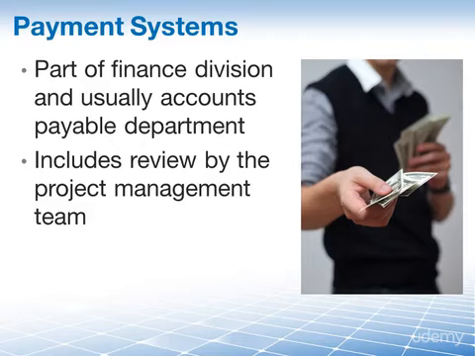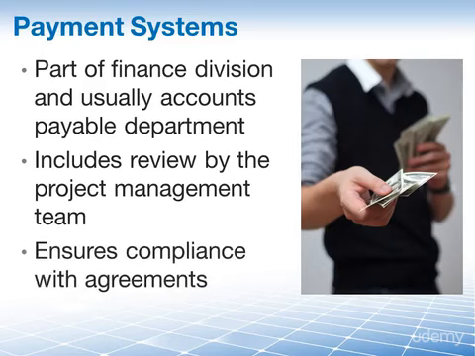For instance, the project management team will review the invoices that the sellers send to ensure that they are correct. And if you look at this from the contractual point of view, paying the invoices on time is one of the agreements that you as the buyer have entered into with the contract. And a functioning payment system is your best insurance to comply with these kinds of agreements.